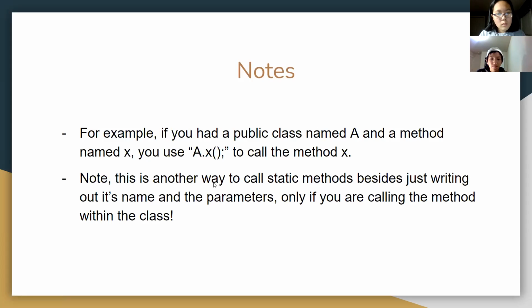And if this was an instance method, then you have to create an object of this class, and do the same thing. It would still be dot X, but instead of calling the X method on A, you would call it on the object name, not the class name.